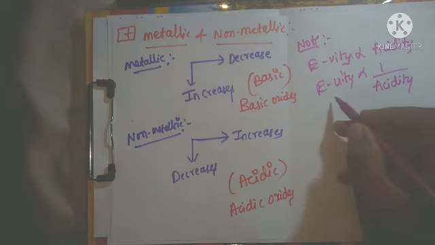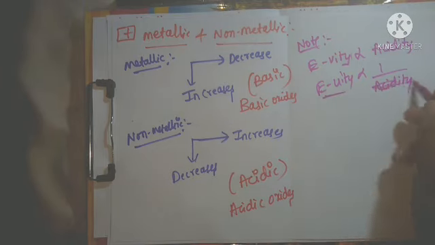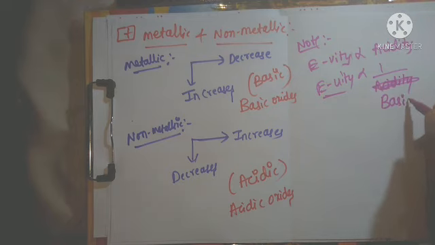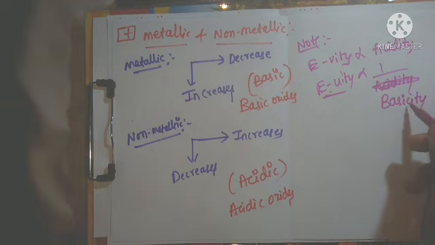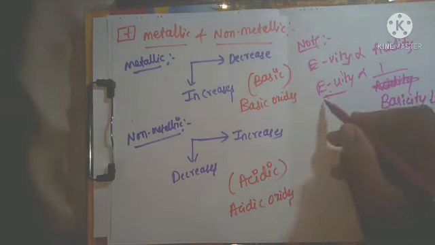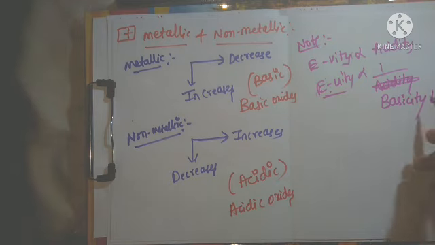Now here it is not acidity, sorry, it is basicity. Electronegativity is inversely proportional to basicity. More electronegativity, less will be the basicity. Less electronegativity, more will be the basicity, right?